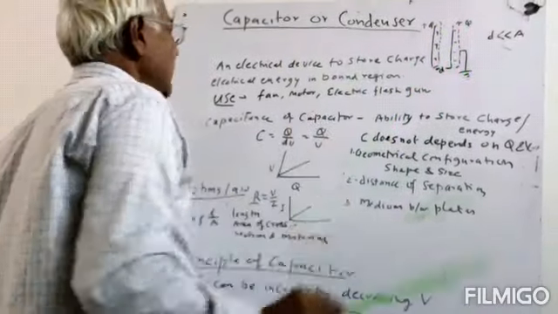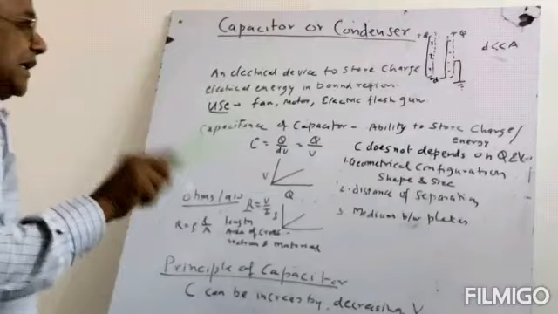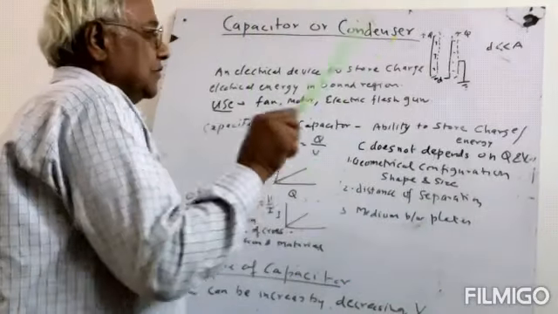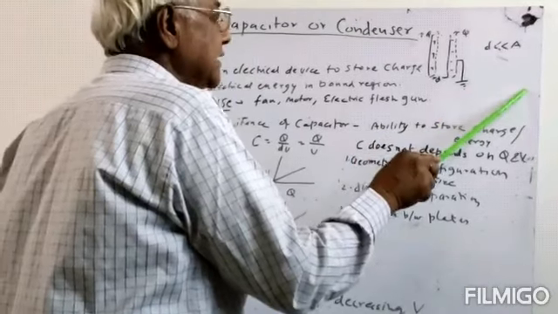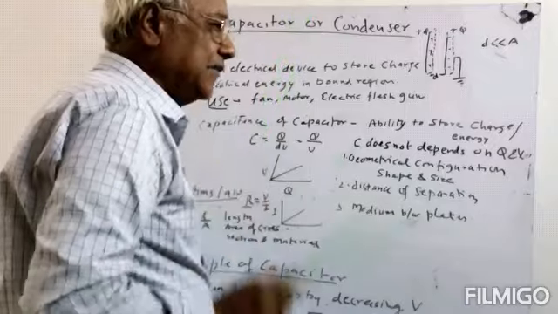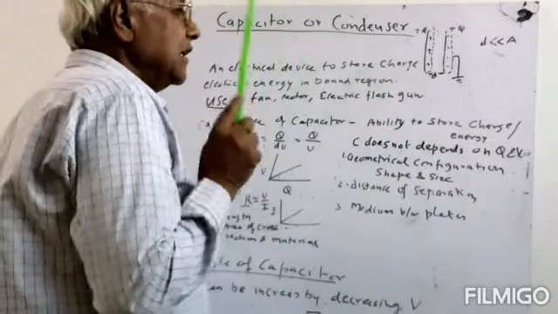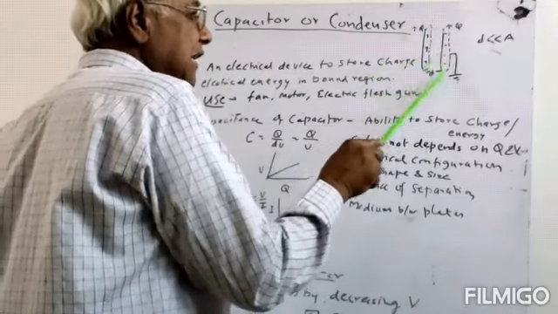Now, electrical capacitance is a device to store charge or electrical energy. So electrical capacitance is a device which can store the charge and electrical energy.